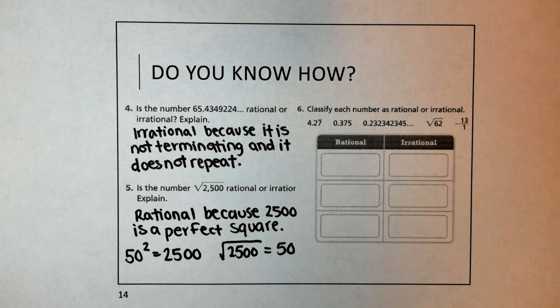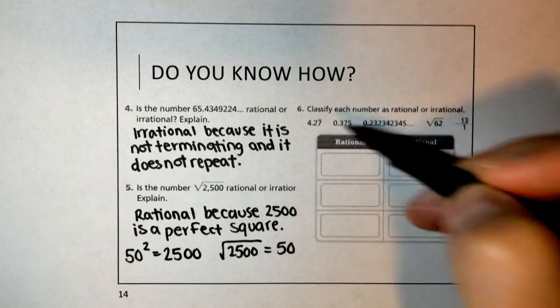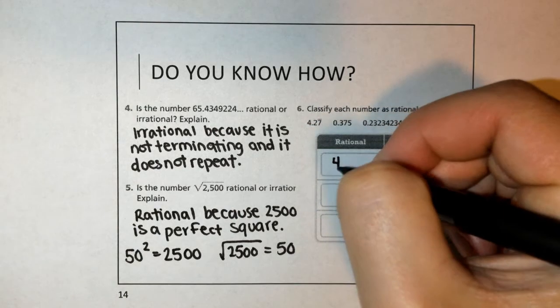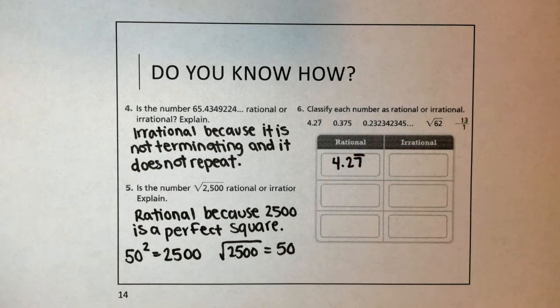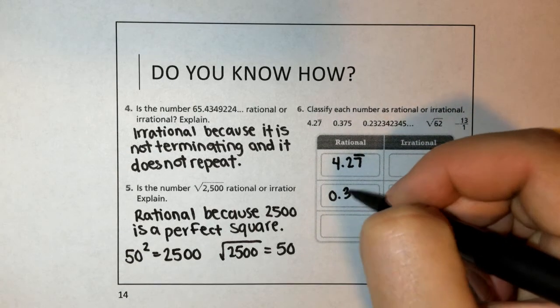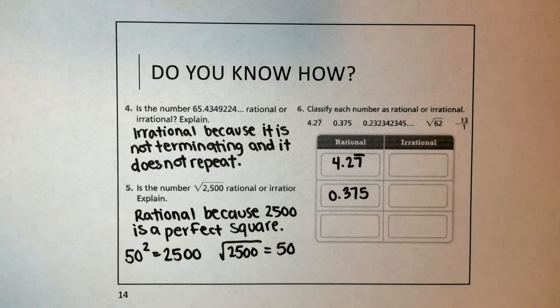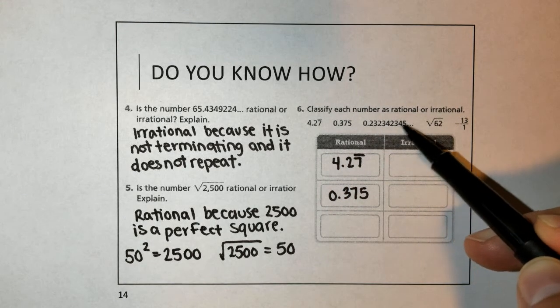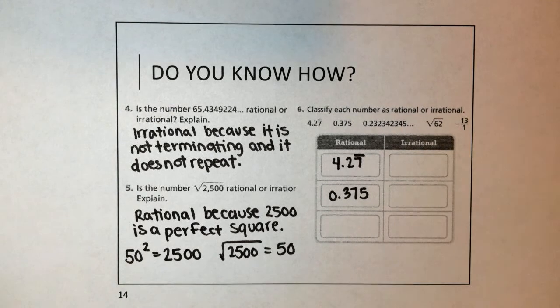Number 6, it says classify each number as rational or irrational. So the first one, 4.27, and the 7's repeating, so that's going to be rational. 0.375 terminates, so it is rational. 0.23234245 keeps going.